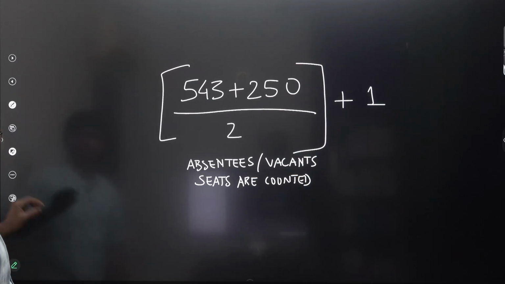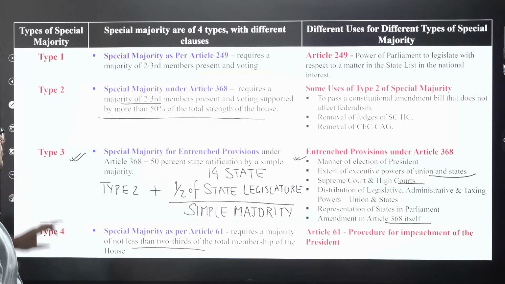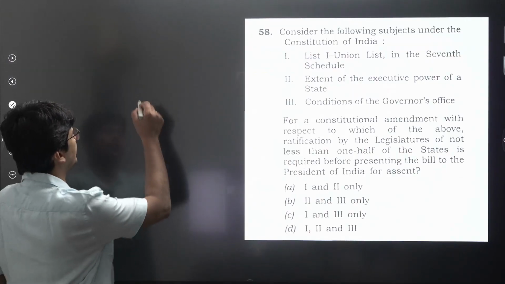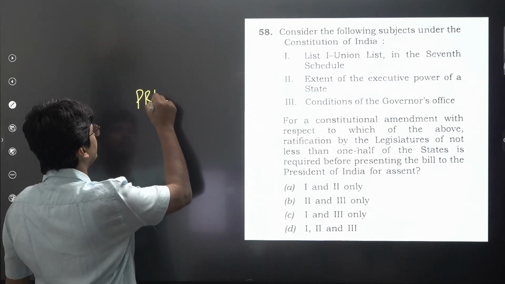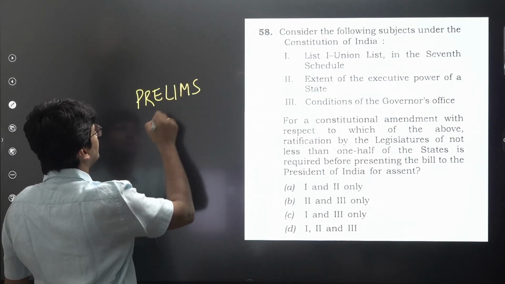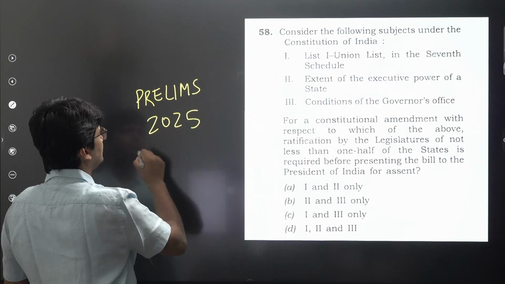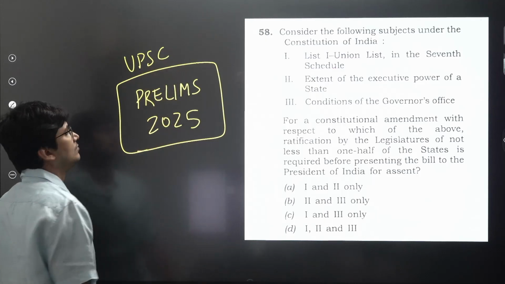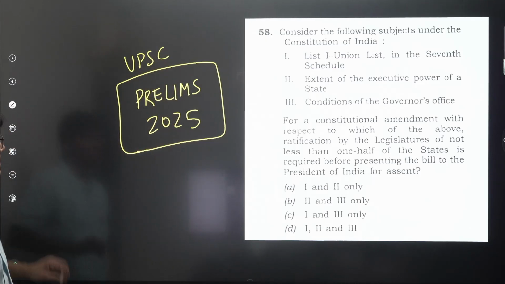लेट्स मूव फर्दर. This is a question asked in Prelims 2025. Now quickly answer this. Question is, consider the following subjects under the Constitution of India.